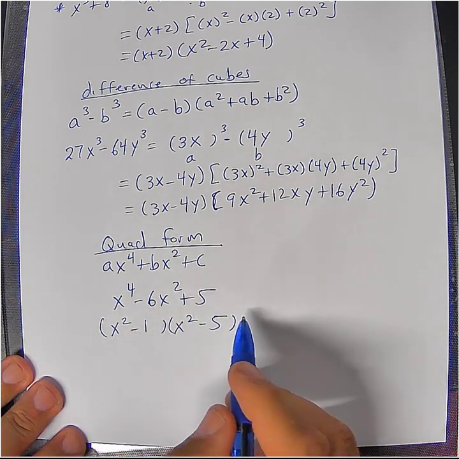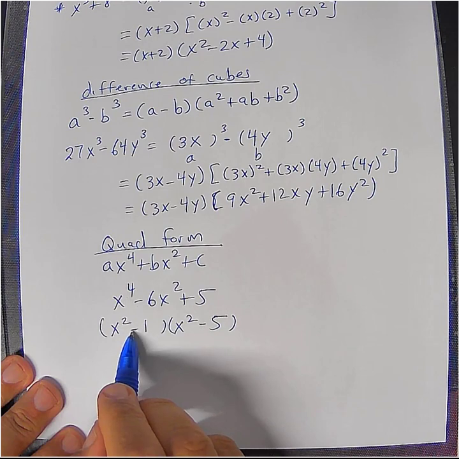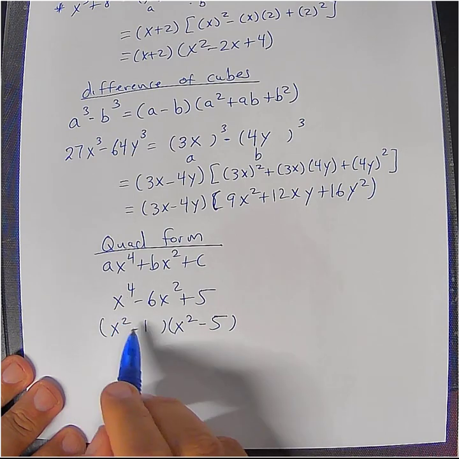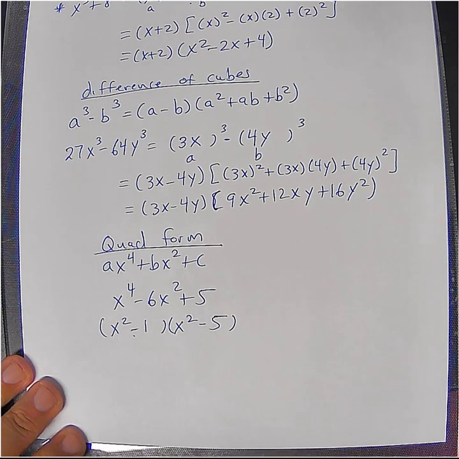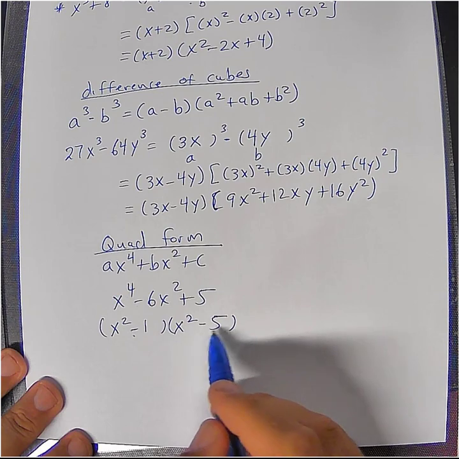But now we're not done. This catches my eye real quickly. Why? Because I have a minus sign. That means I might rewrite this as something squared minus something squared to look like the difference of two squares. The 5, I can't rewrite as something squared.